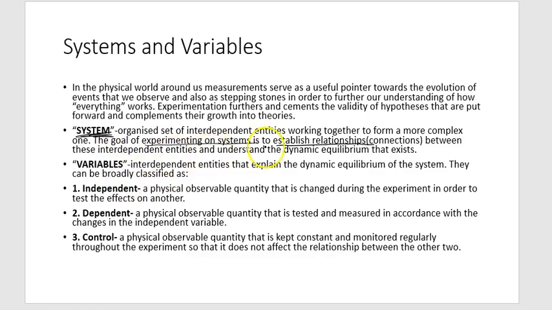So the goal of experimenting on systems is to establish relationships between the interdependent entities and understand the dynamic equilibrium that exists. The equilibrium they're talking about is not a static one; it is subject to change, because the variables themselves can change in terms of their values.